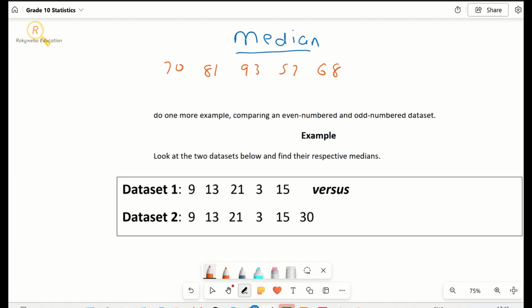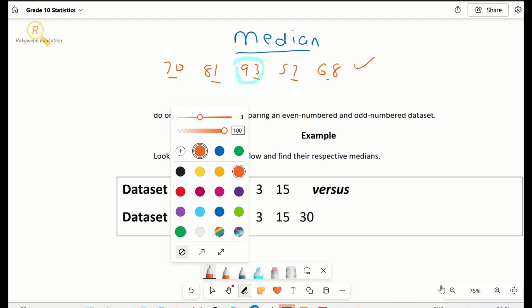Okay, so we've got a list of marks there, five values there, ne? So you're looking for the median, the value that's in the middle. You're not gonna rush and say 93 is in the middle. Why? Because you first of all have to order the data from smallest to biggest, arrange it in ascending order.